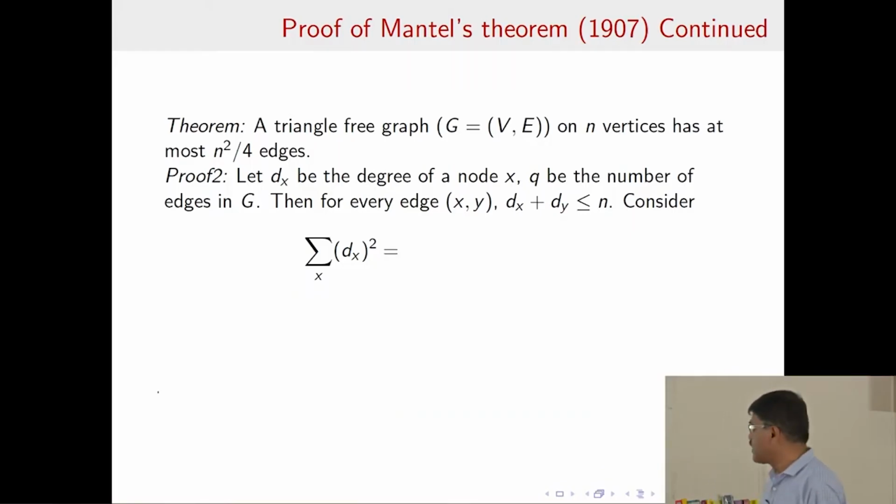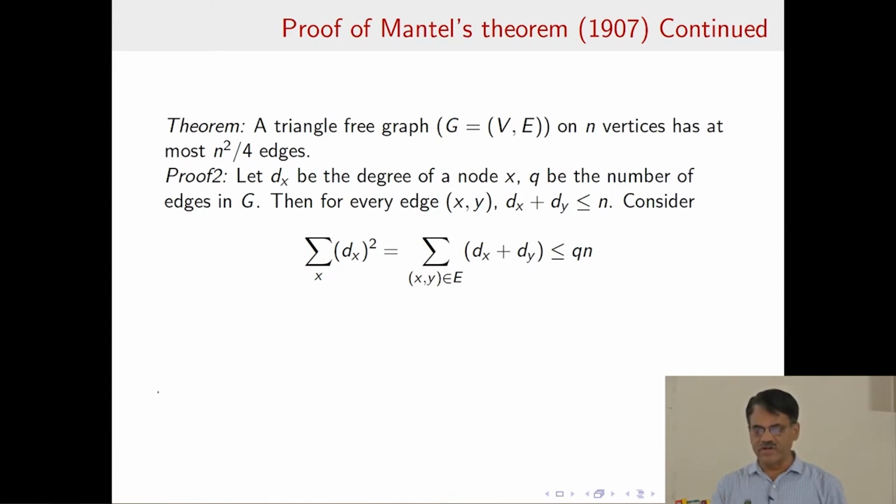So this is same as for every edge just add dx plus dy. Okay, this is a very nice, just different way of looking at it. I am just computing this sum and this is exactly this sum, right. Now, but dx plus dy for any edge we know is upper bounded by n, right. So this gives you it's at most n times q.